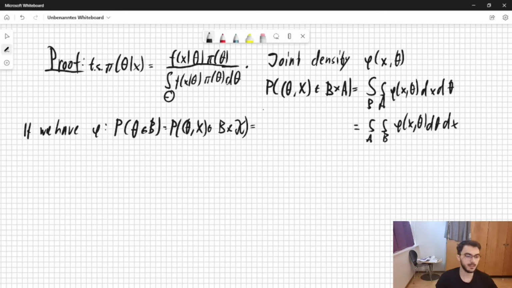And that's then just the integral over the integral of the joint with respect to x.